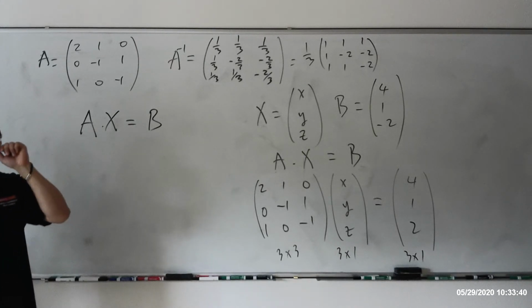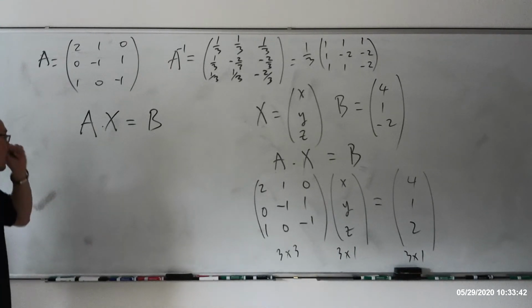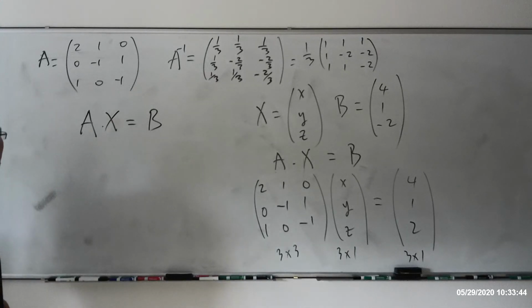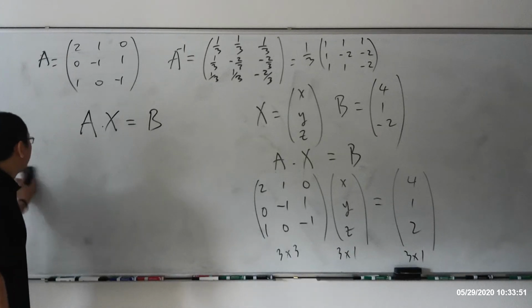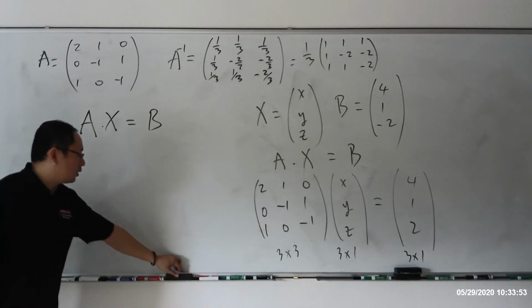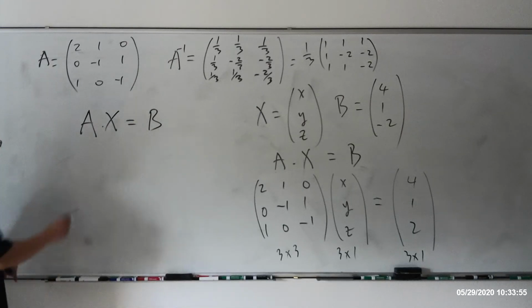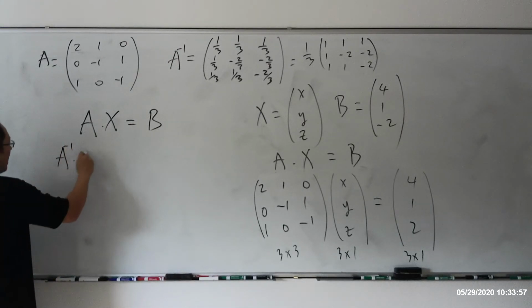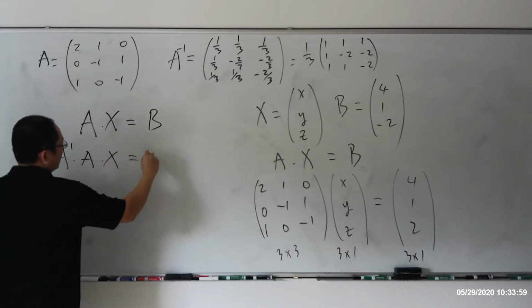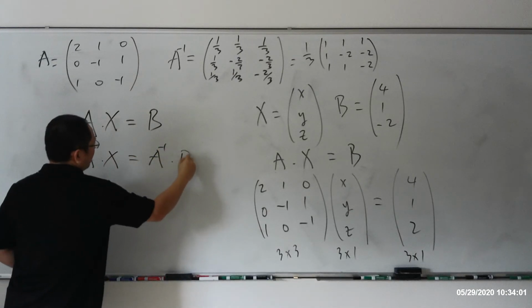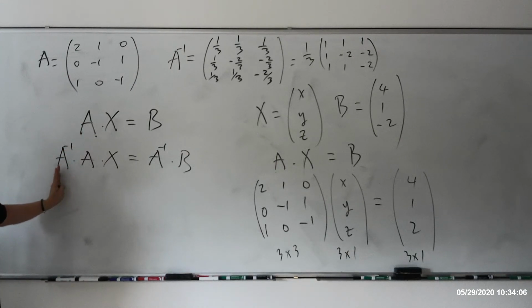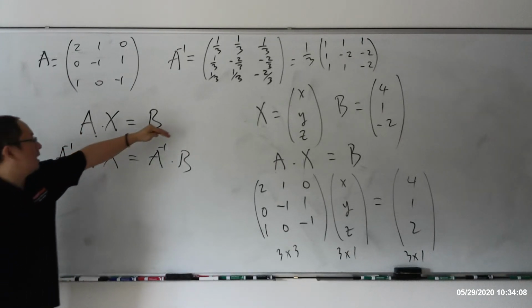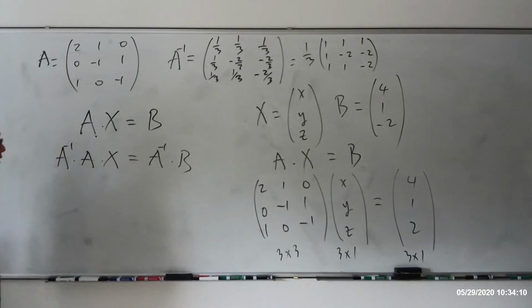We multiply by the inverse of A. Another way of dividing. But multiplication of matrices has order, so we have to keep the same order. And to cancel out the A, I have to multiply A inverse on the left-hand side next to A. So A inverse times A times X is going to be the same thing as A inverse times B. On the left-hand side of the equation, I multiply A inverse on the left, so on the right-hand side, I also have to multiply A inverse on the left.